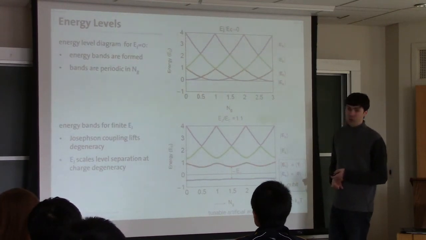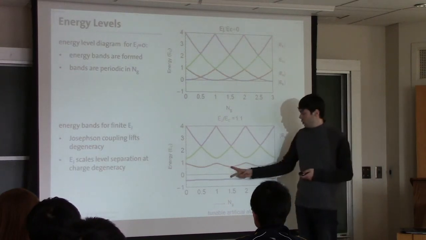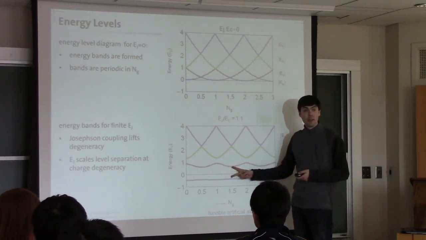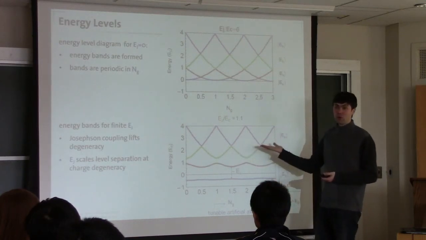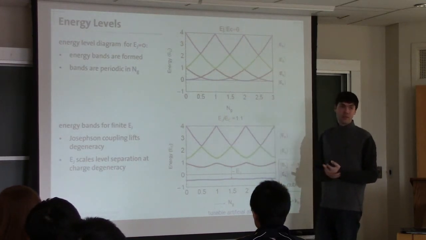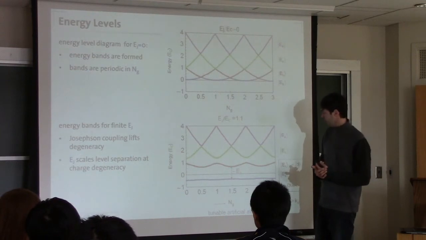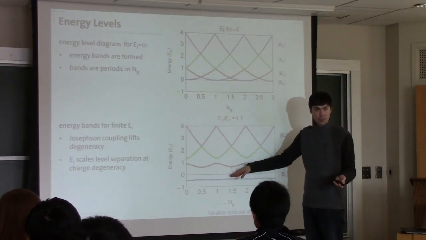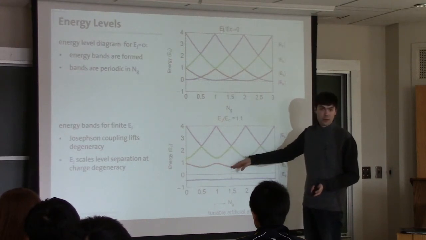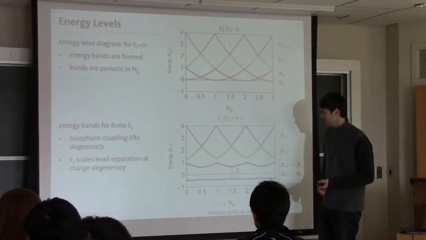The states of this qubit are, once again, the two lowest energy states in this system. And these would be 0 or 2 extra charges on the island. So this is the preferred charge, call it 0, and this is 2 more electrons on the island, which costs you energy.